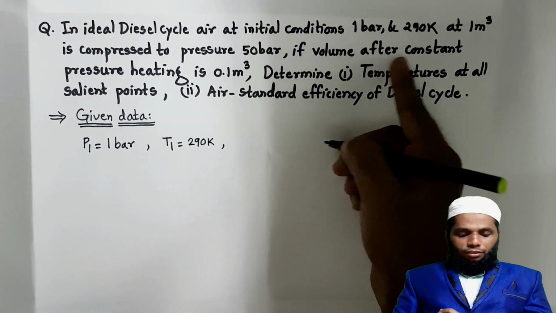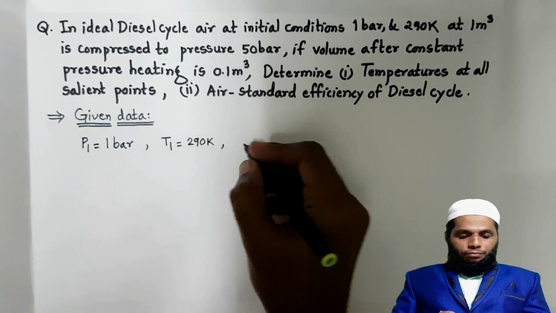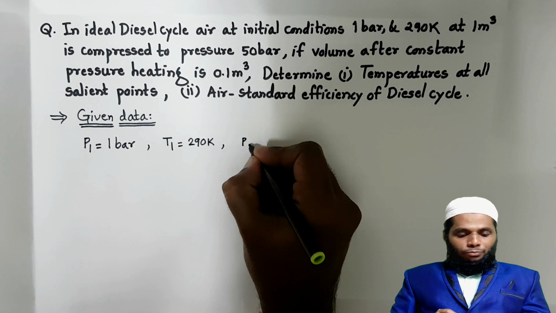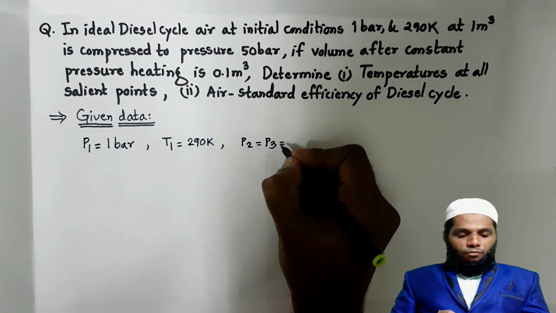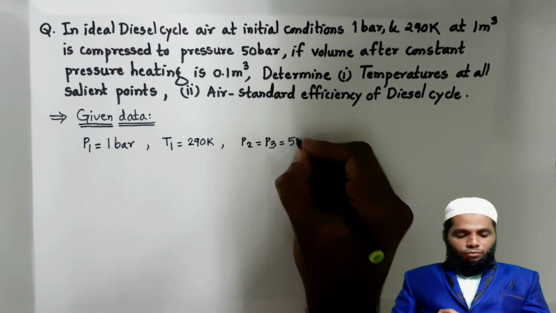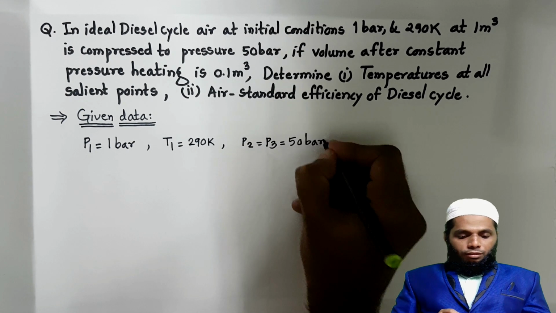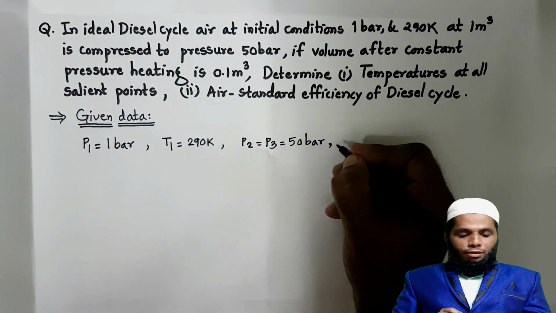Already it is given in Kelvin. Then for constant pressure process, P2 is equal to P3 and pressure is 50 bar.